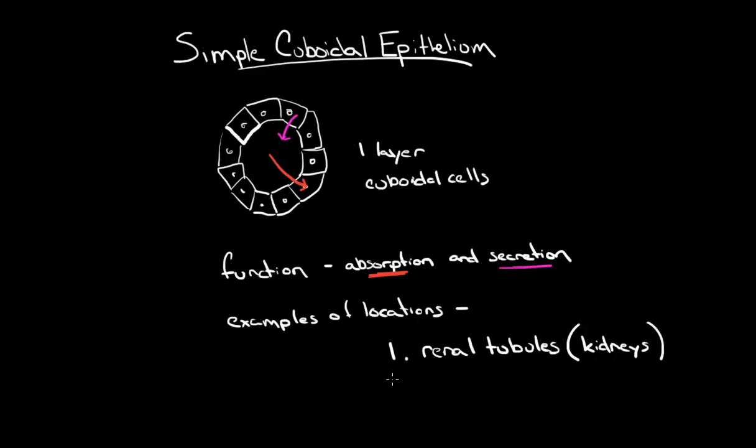Okay, another place that we can find simple cuboidal epithelium is comprising some small glands. And thirdly, we find some on the surface of the ovaries.